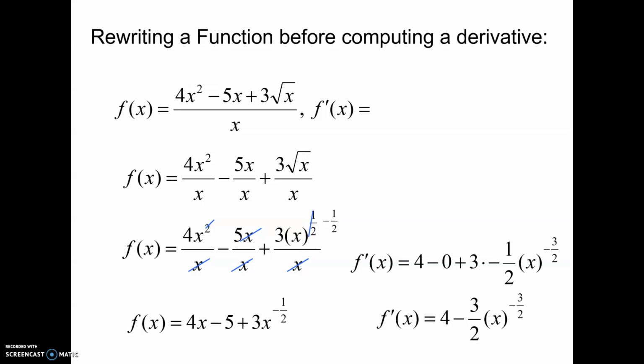In a couple of lessons, we'll talk about the quotient rule, which we could use here also, but usually when I have a monomial denominator, that is a denominator that only has one term, it's easier to reduce the fraction first and then take the derivative.